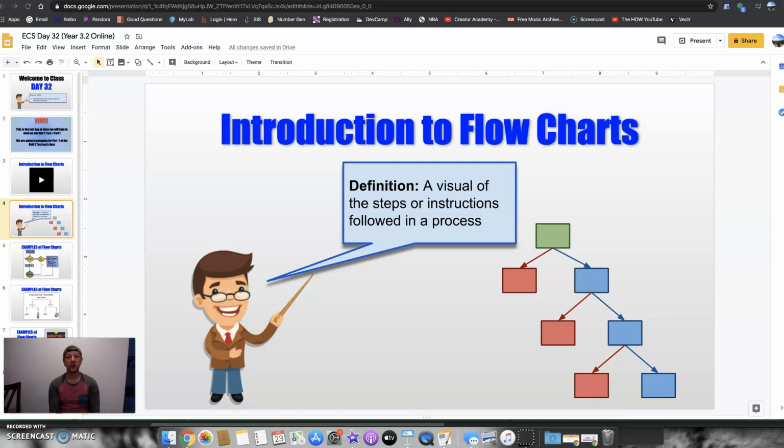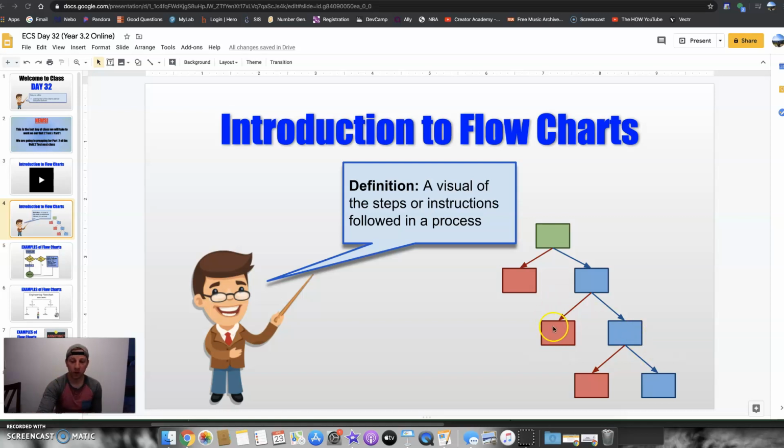A quick definition of what a flowchart is: usually it's a visual of the steps or instructions followed in a process. It usually looks something like this, where you start with the starting point, and then you usually have two options, a yes or a no. You keep following it down, and as you hit yeses, you keep continuing down the flowchart until you end at a solution or a desired result.